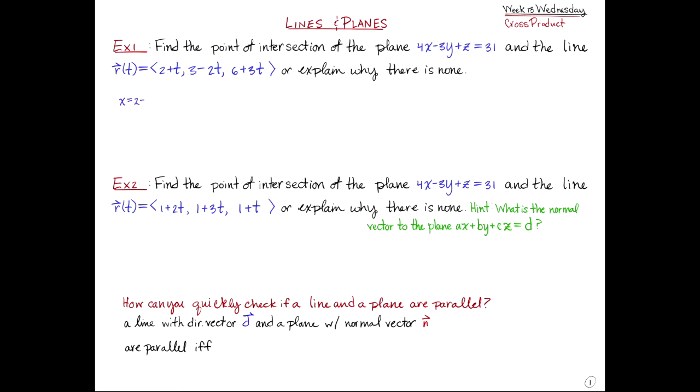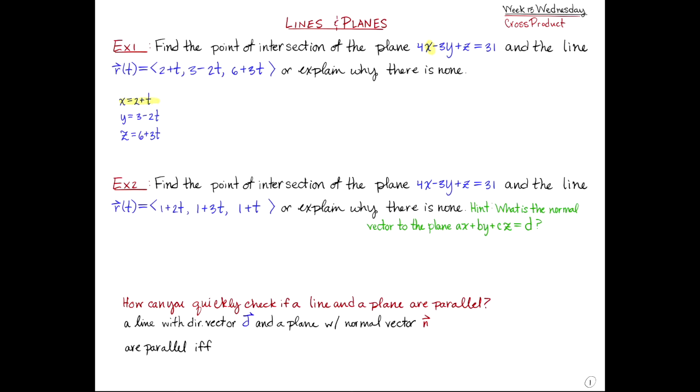equal to 2 plus t. Y is the second component, 3 minus 2t. And the third component, z, is equal to 6 plus 3t. Using that, we can sub in place of x in our equation of the plane, 2 plus t.